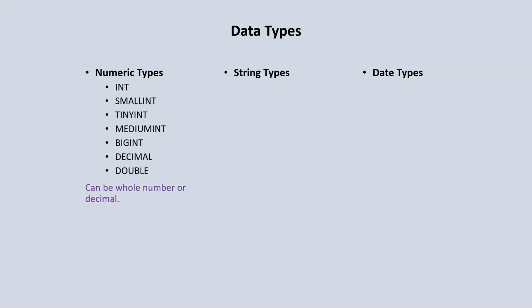Under the numeric data type, we have the int, which stands for integer. We have the small int, we have tiny int, medium int, big int, decimal, and double. All the data type that has int in them stores integers or whole numbers. Decimal and double stores values that are decimals.